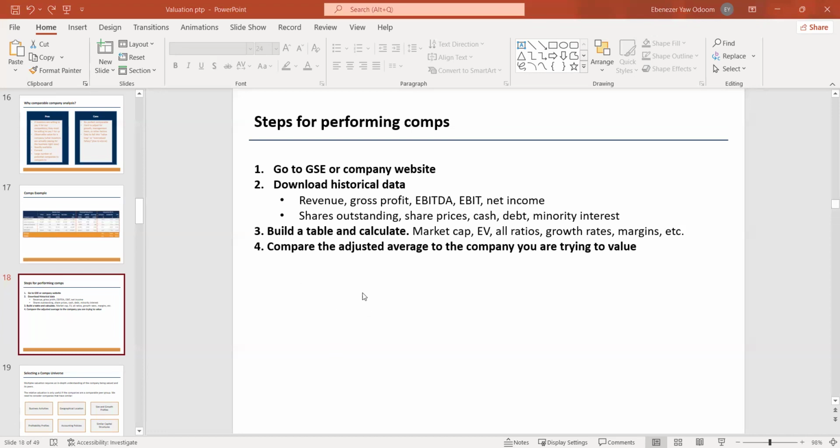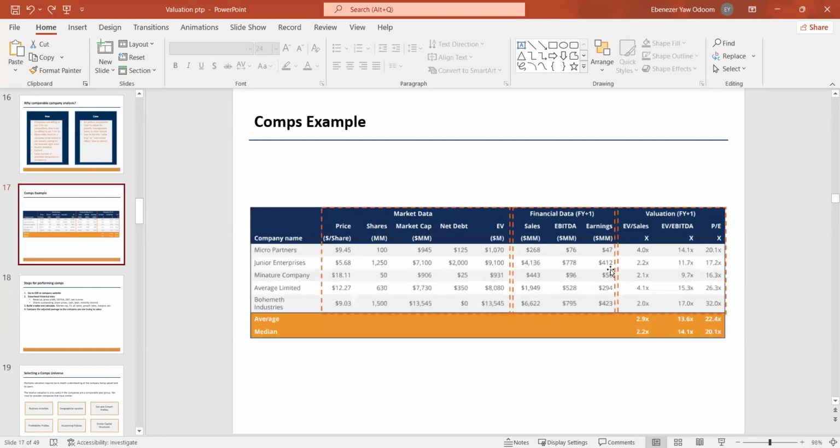So the next thing is that you have to go to the company's website and download their historical financial statements, right? Download at least their 2023. For the comps, you need the most recent data. And then the next step is you build a table where you calculate the market cap, the EV, all the ratios and all of that, like I showed you on this page, right?